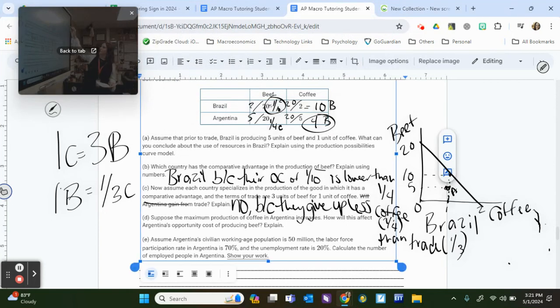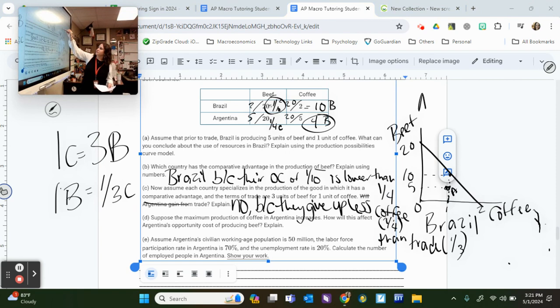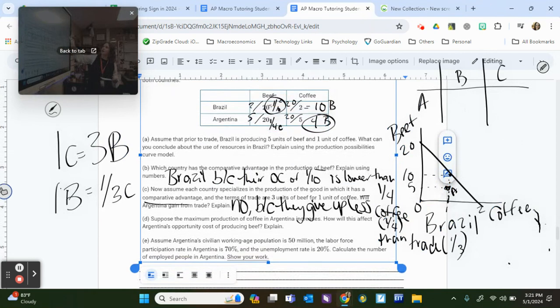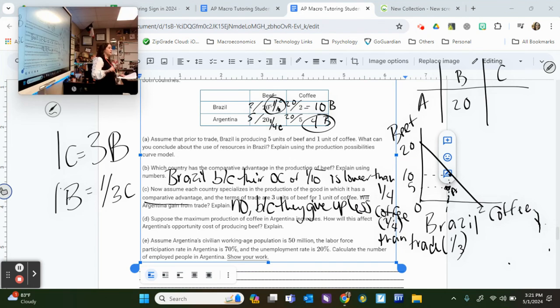Let's do Argentina, beef and coffee. They can produce more coffee, so they're still producing 20 beef, but instead of 5 originally, let's make it 10. Let's go nuts. And still do the other over thing: 10 over 20, so this is half a coffee. And then 20 over 10, so this is 2 beef.